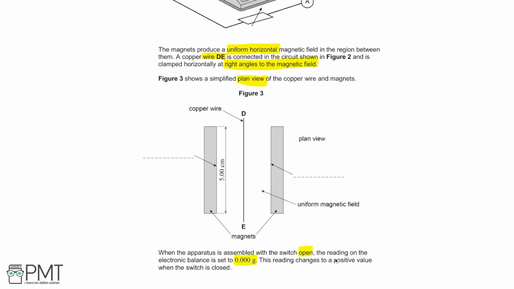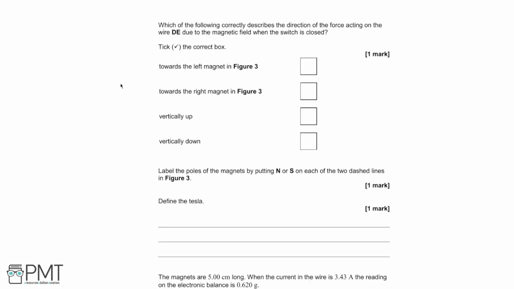This reading changes to a positive value when the switch is closed. The first part of the question then says, which of the following correctly describes the direction of the force acting upon the wire DE due to the magnetic field when the switch is closed? And it wants us to pick the correct option.